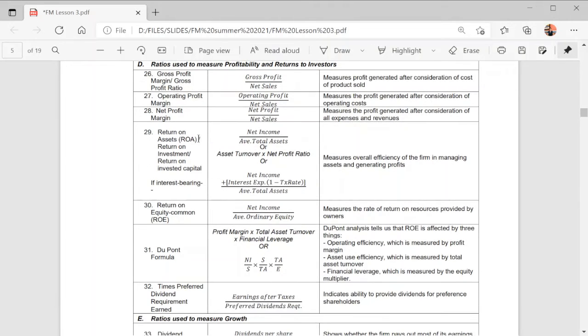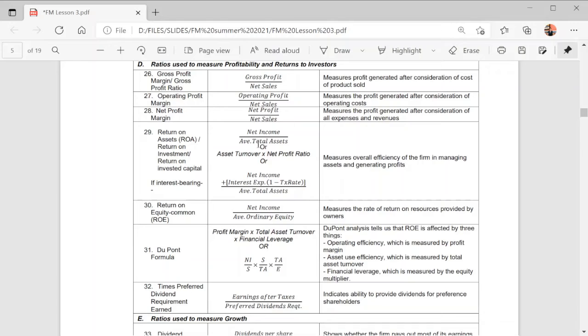ROA, so if we are talking about return, the numerator of the formula is the net income. So return on assets is net income over total assets, return on equity is net income over equity. That is the way to remember it: whenever it says return, the numerator is net income. Return on investment as well.